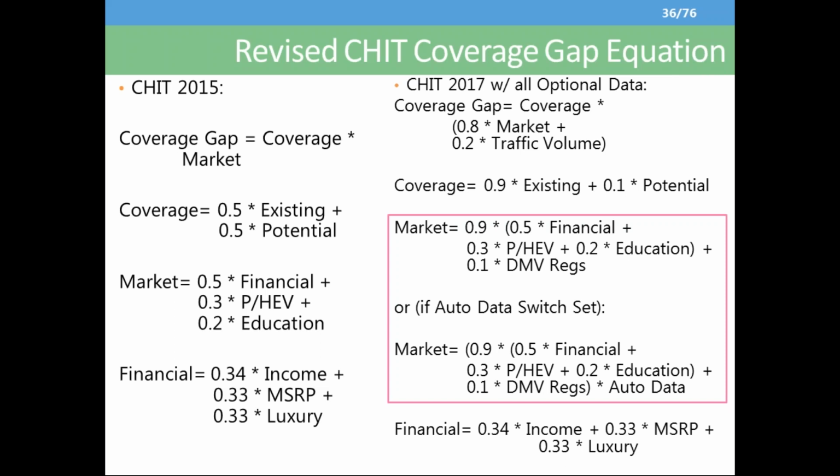And so you can see that we included the DMV registrations with a really low weighting. Only 10% of the market assessment is given to DMV registrations. That's really just because there are still so few vehicles. We still need a high weight on the predictive measures versus the actual observed measures.